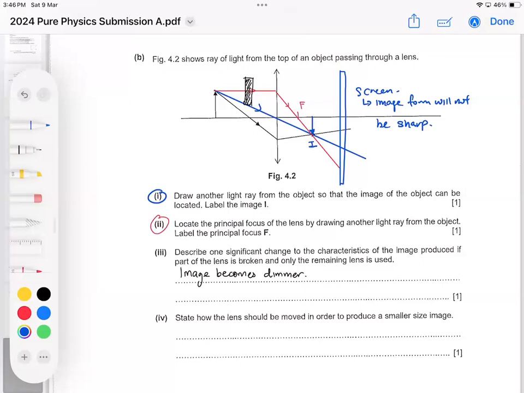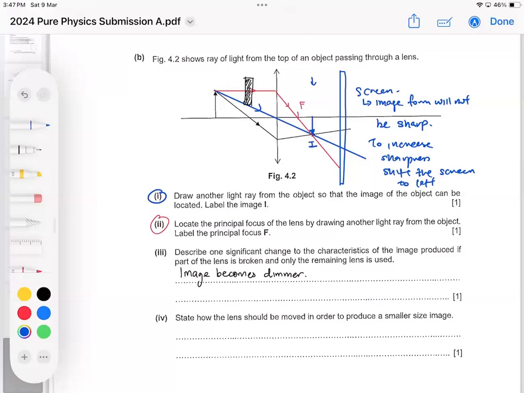One way to make it sharper is to shift the screen to the left until it reaches this position, so it aligns with where the light rays all converge.